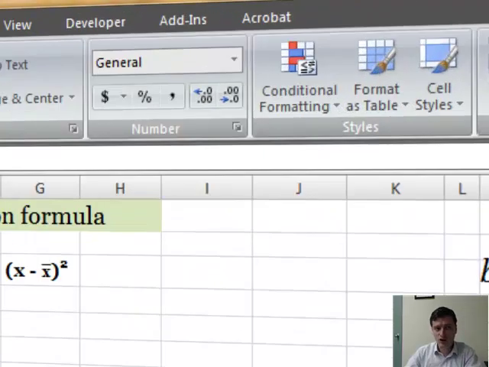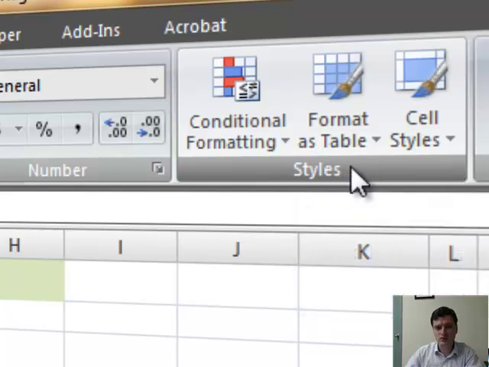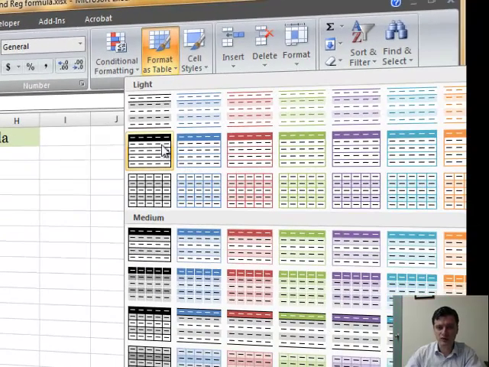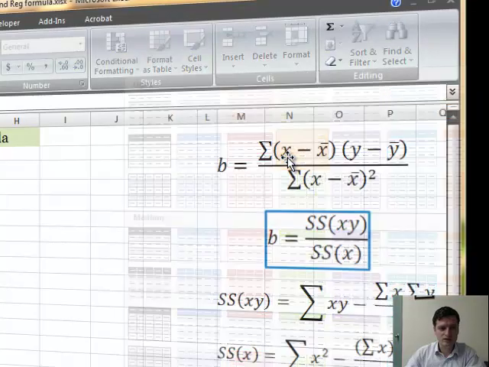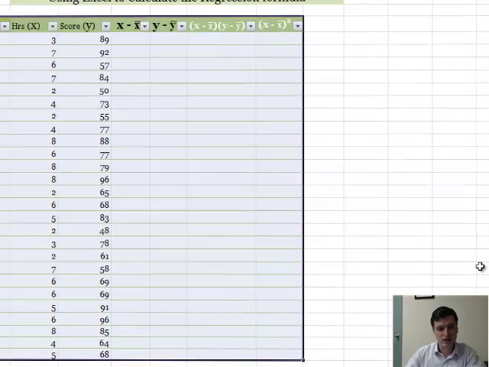And in the Home tab, you move your mouse down to the Styles group and then click on Format as Table. Find any table format that you want. I want this light green color, because green goes with Excel, I guess. And I will click on OK. Make sure that my table has headers is checked, because actually my table has headers. And I will click on OK.